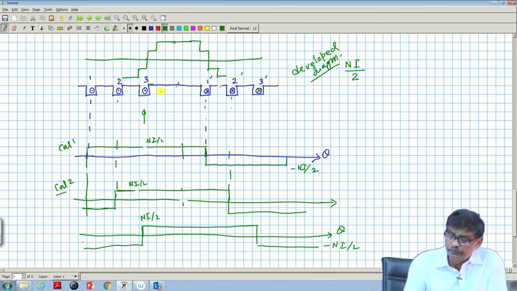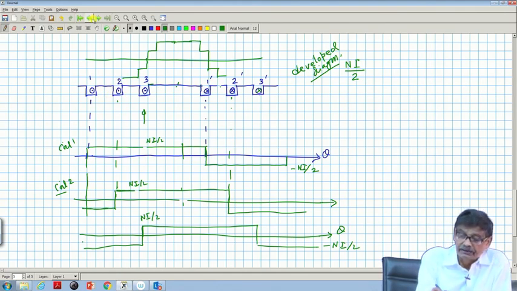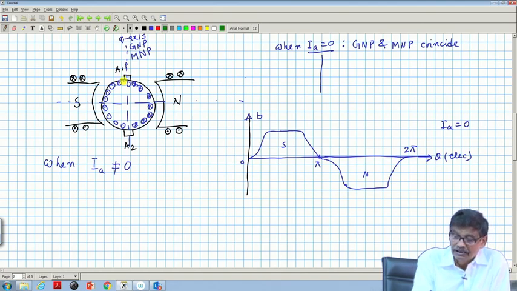Now, in case of DC machines, of course, there are coils all along, it is almost uniformly distributed. It is also uniformly distributed, not 3 coils only. We considered 1, 2, 3 and 1 dash, 2 dash, 3 dash for drawing that one in the middle, but there exist other coils also and the same thing can be done.